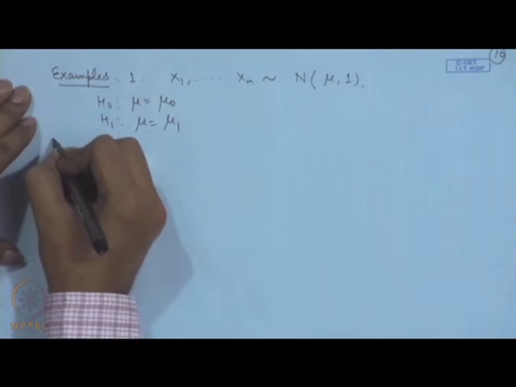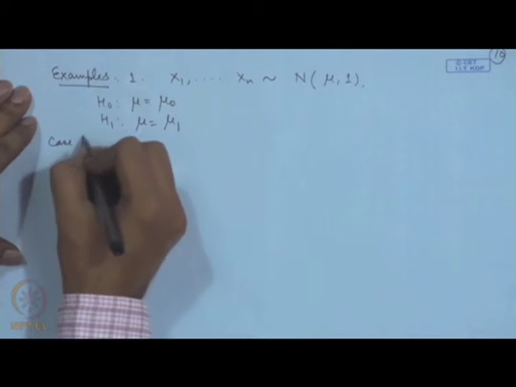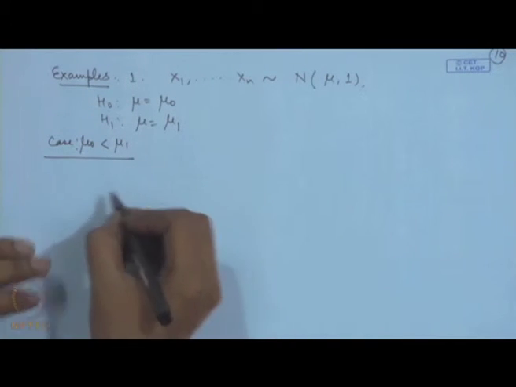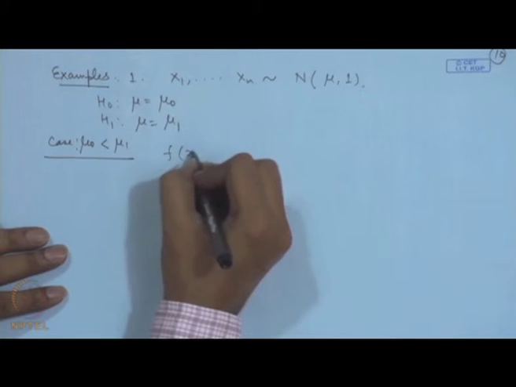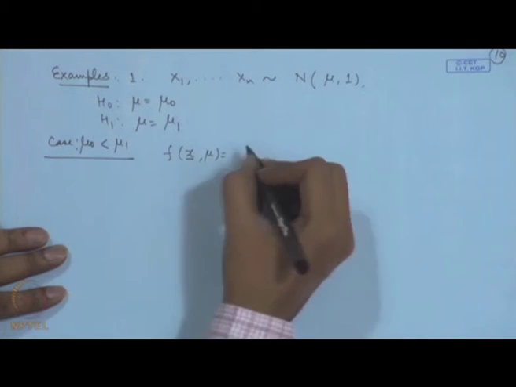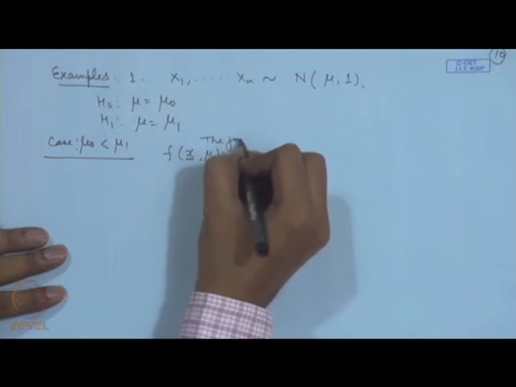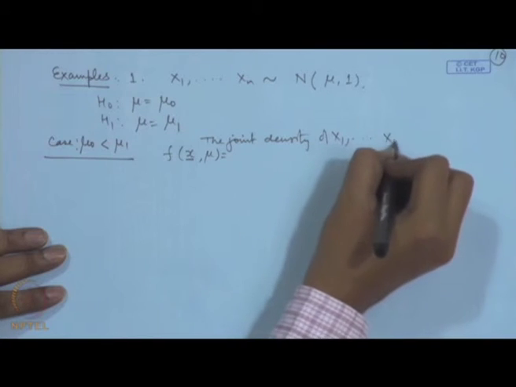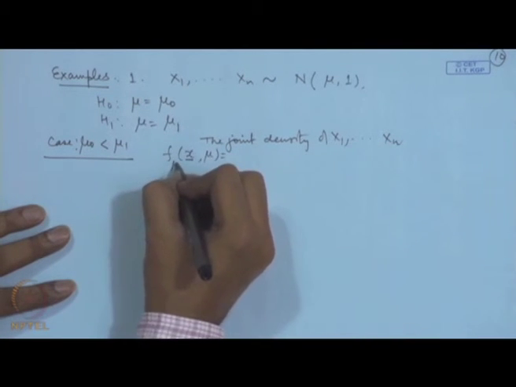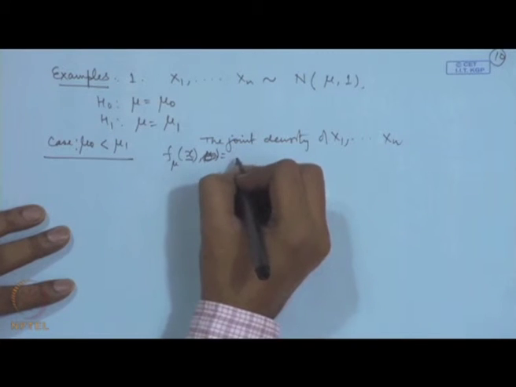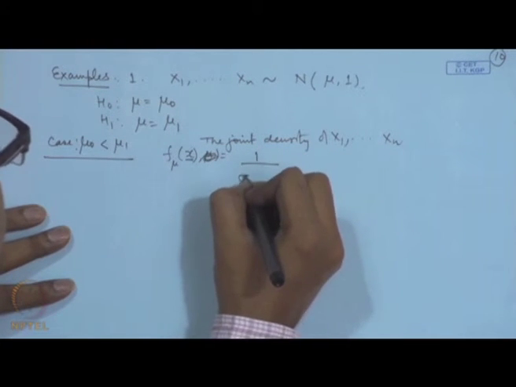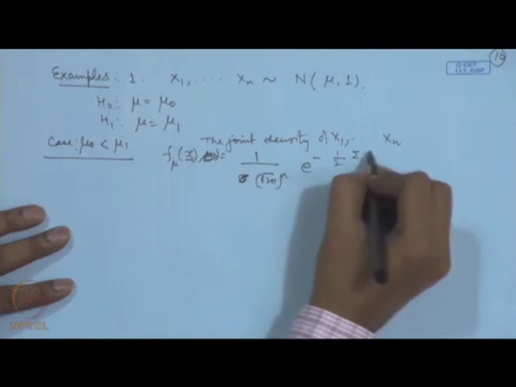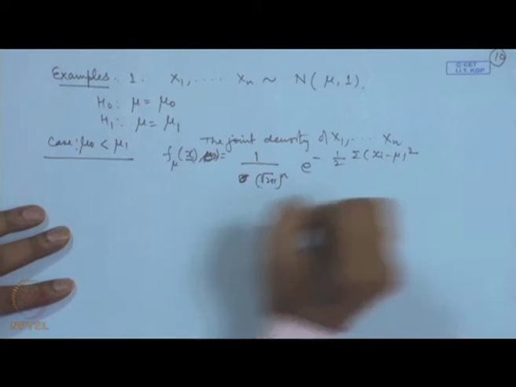Let us take the case mu naught less than mu 1. So, let us write down the joint density of x 1, x 2, x n at mu. That is equal to 1 by sigma root 2 pi to the power n, e to the power minus 1 by 2 sigma squared sum of x i minus mu squared.